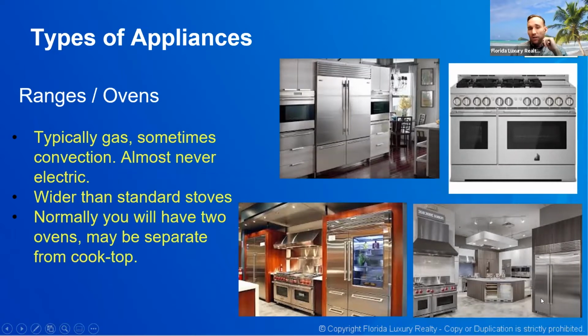So you're talking 80, 90 grand just in the appliances in this kitchen. That's a lot of money, especially in a $300,000 or $400,000 home. That's not feasible, so that's why we don't really see that in these cases.